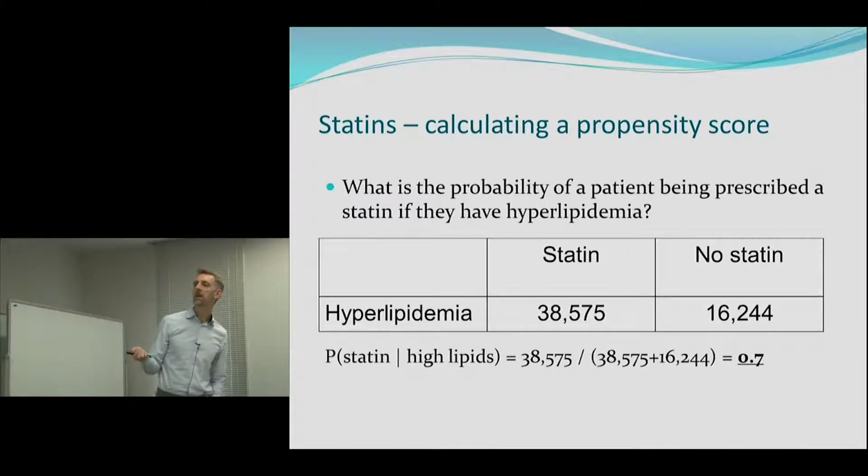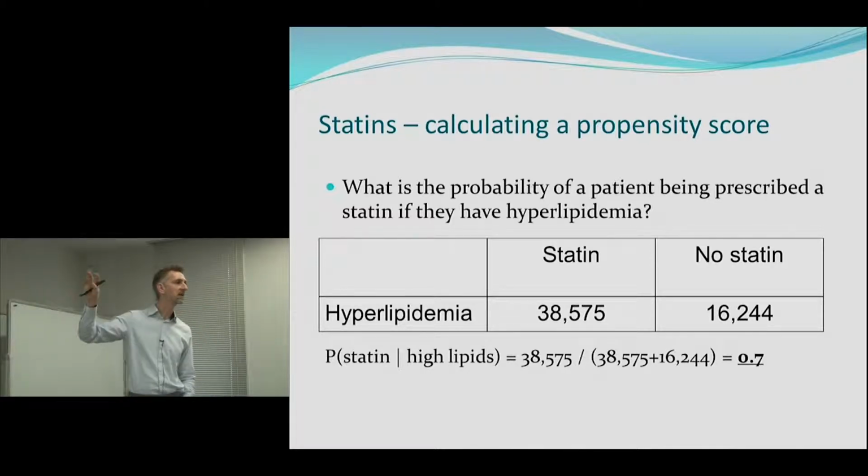So it would be this very simple probability equation here. What's the probability of receiving a statin given that you have high lipids? And so it's literally, in our study population, if we take everybody with high lipids, it's the number of people with high lipids who are receiving a statin divided by the total number of people with high lipids. And it would be 0.7.